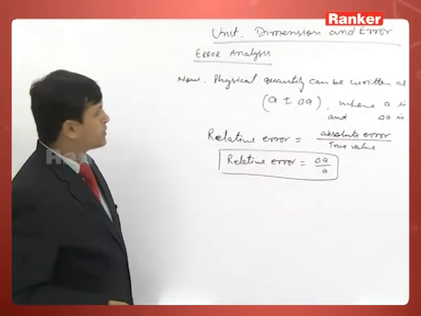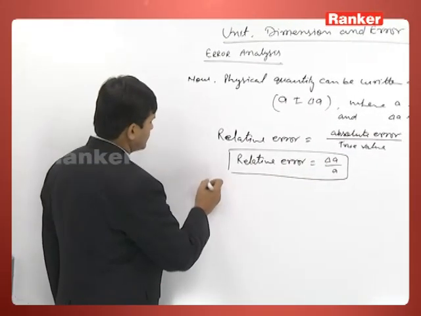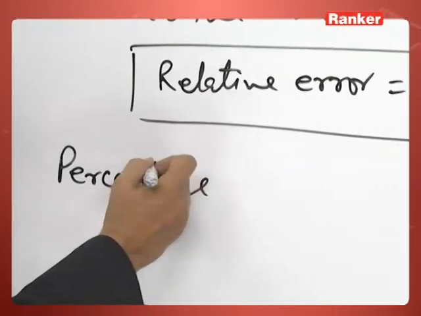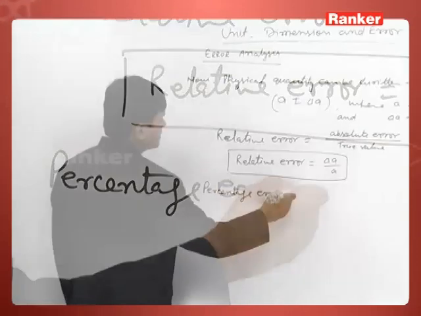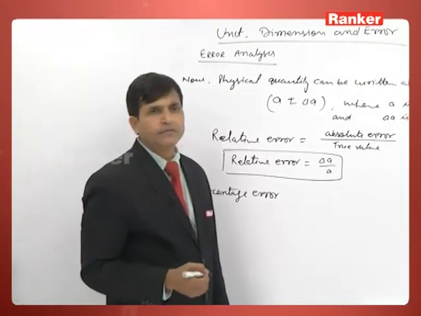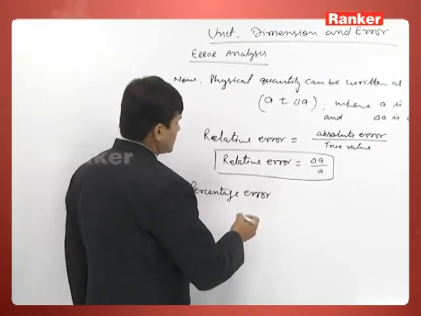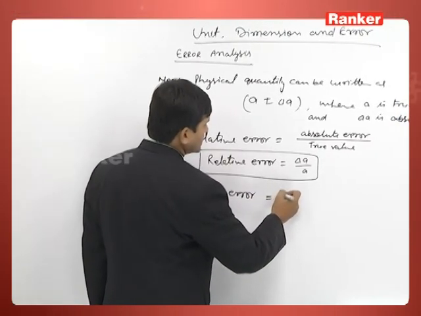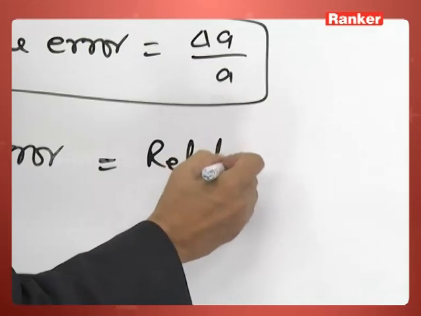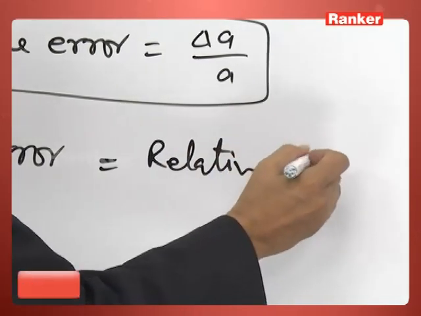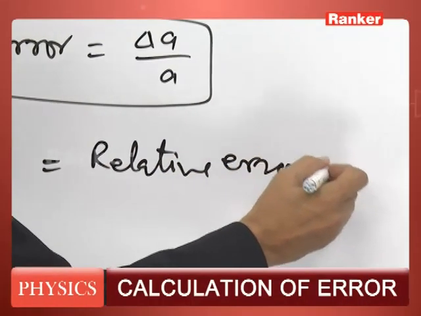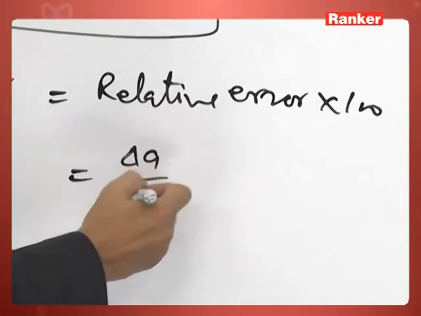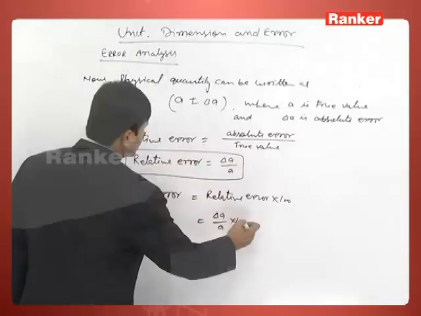Now percentage error: it is the relative error in terms of 100. So percentage error is written as relative error into 100, or we can say delta A by A into 100.